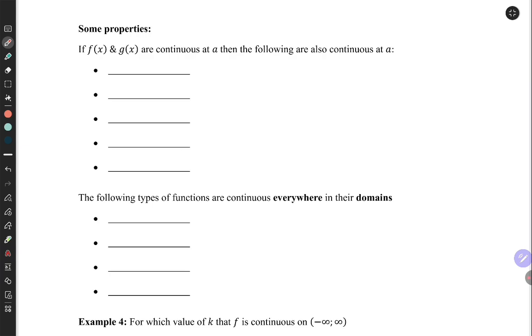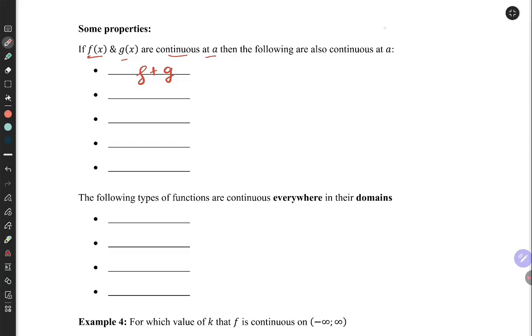Some properties of continuous functions. Let me mention. Similar to the limit, you're going to have a bunch of properties like this, but without a limit. So if two functions f and g are both continuous at a number a or on an interval, then the addition is also continuous.